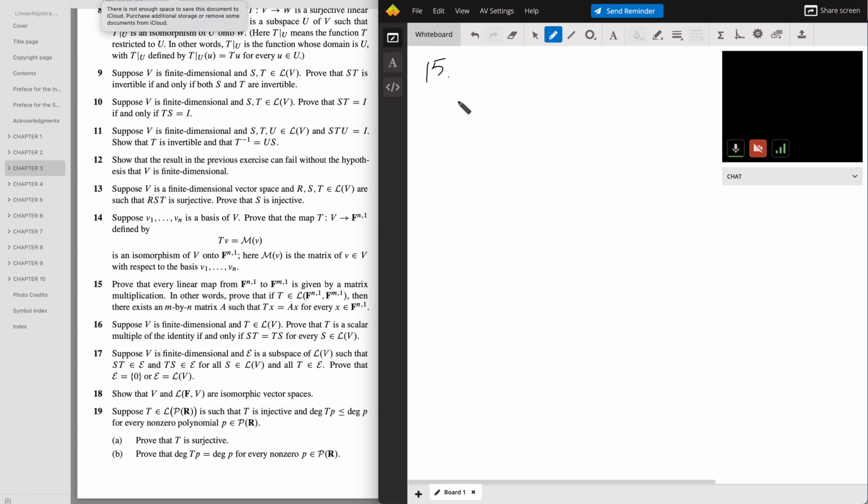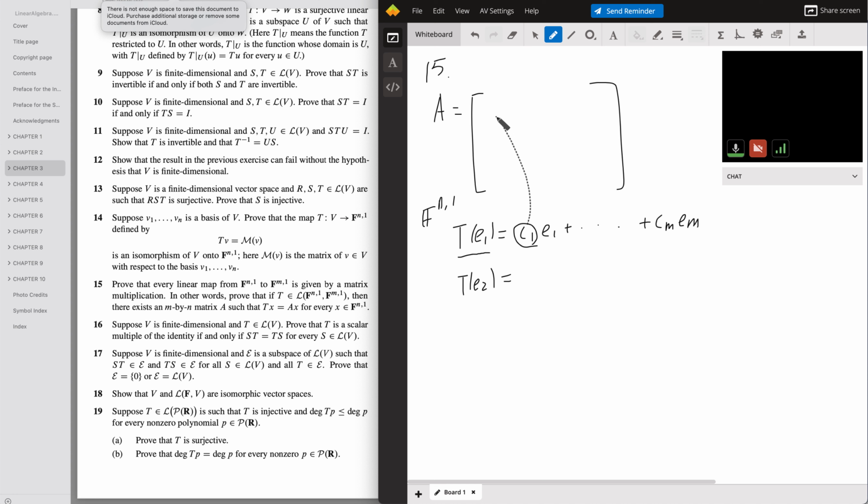Okay, so for question 15, we had mentioned that the entries in the matrix A are uniquely derived from the coefficients of the linear transformation on the basis of Fm1. So this will go here, here, and so on.